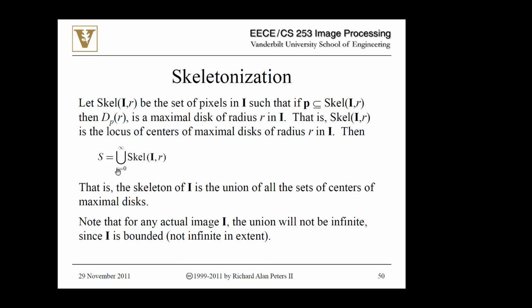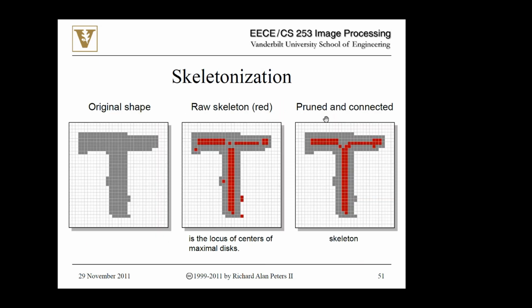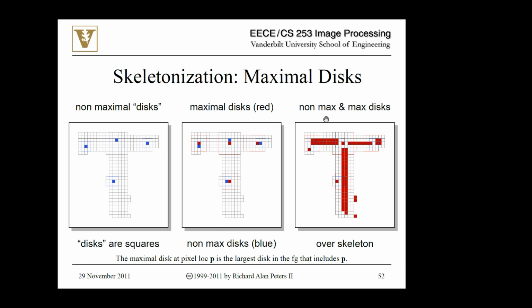So it is the union over all the possible radii of this skeleton with radius r. And this skeleton of radius r is the set of all centers of maximal disks of radius r. We will see what that means.